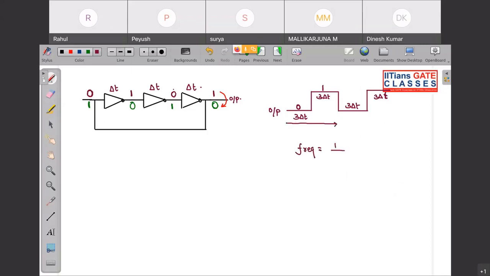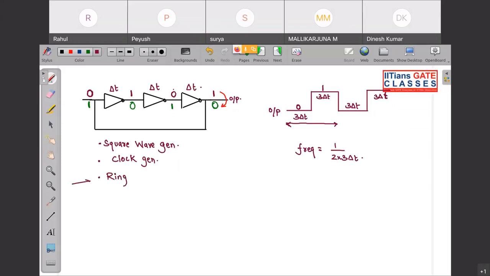The time period of the waveform is 3 del t plus 3 del t, that is 6 del t, or 2 into 3 del t. So this circuit is known as a square wave generator, or in analog terms a clock generator, or also a ring oscillator.